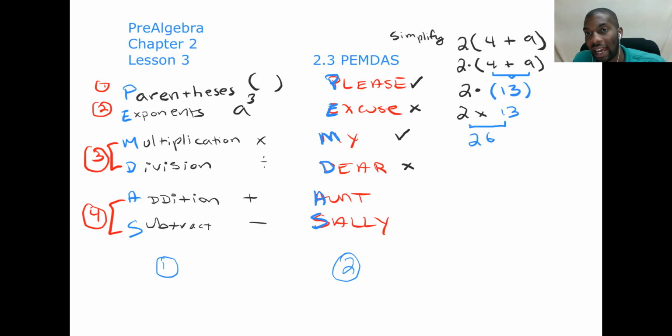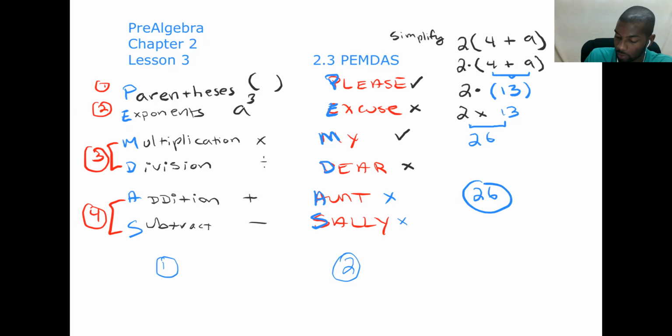And then even though I have one number left, I still check the other ones. Do I have any addition? Not addition. And do I have any subtraction for Sally? No subtraction. So 2 parentheses 4 plus 9 is literally 2 times 4 plus 9, which is 2 times 13, which the final answer is 26. And that's it. That's how you use PEMDAS.